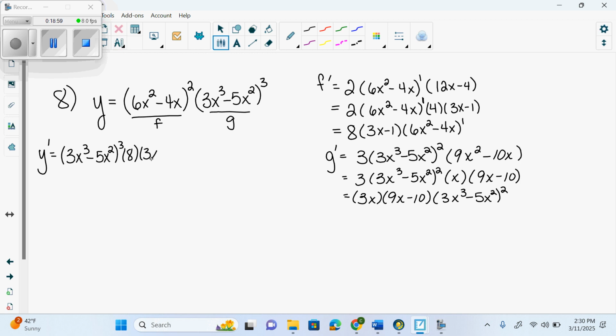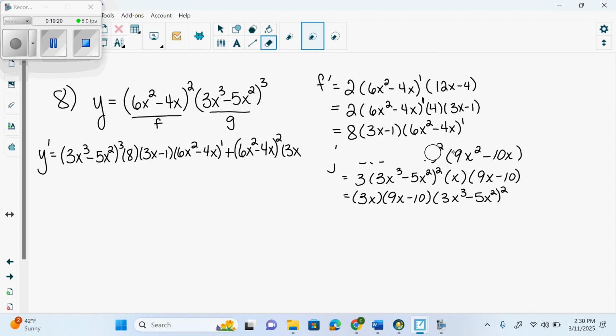and often people will turn their pages sideways when they do these. Plus F G prime. So maybe I'm going to erase my G prime.